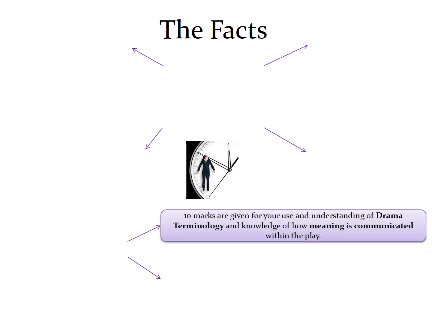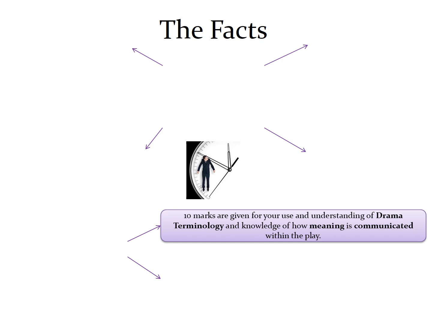Right. So it's out of 30 marks, and 10 of those marks are given for your use and understanding of drama terminology. And so that is all of your keywords that you use all the time. If you talk about acting, it's pitch, tone, emphasis, gesture, facial expression, posture, body language, eye contact, all of those things.